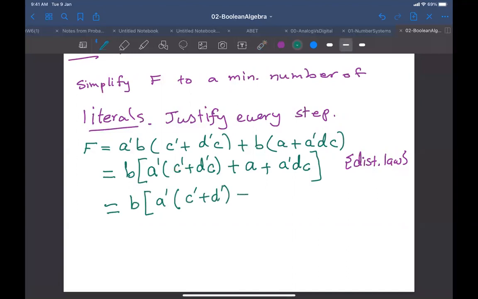Now this is ORed with A, and this is ORed with A complement. Actually, I can reapply this rule here. I can take more than one step at a time, because using the simplification rule, I can simplify.